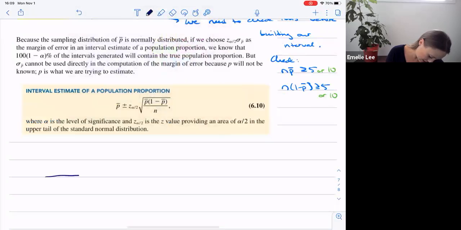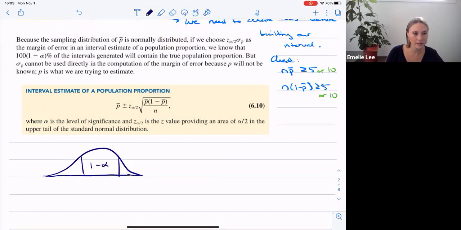So what this looks like in general is that if you have 1 minus alpha in there, then we have alpha over 2 and alpha over 2.